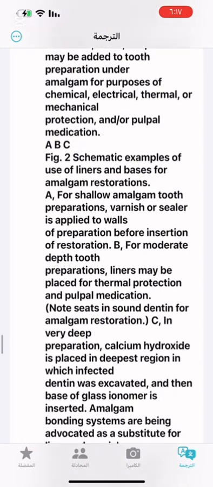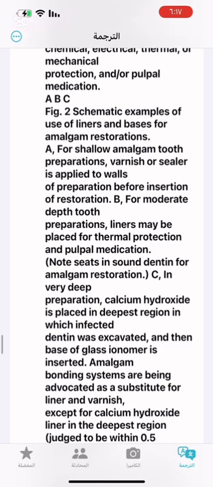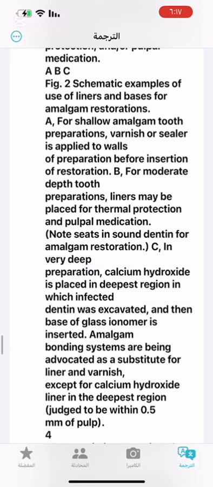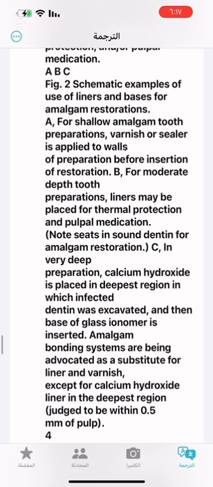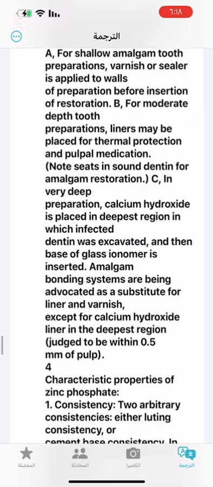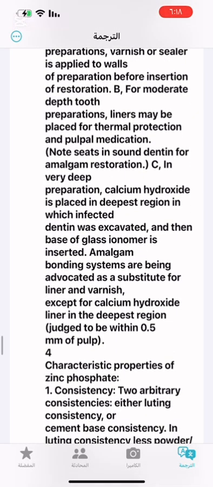Fig. 2: schematic examples of use of liners and bases for amalgam restorations. A. For shallow amalgam tooth preparations, varnish or sealer is applied to walls of preparation before insertion of restoration. B. For moderate depth tooth preparations, liners may be placed for thermal protection and pulpal medication. Note seats in sound dentin for amalgam restoration.